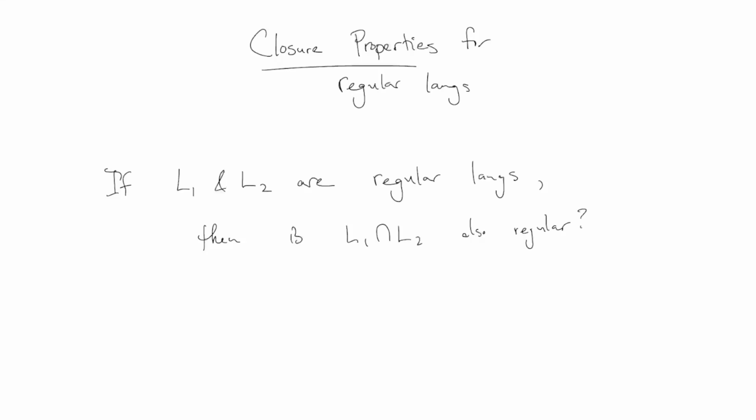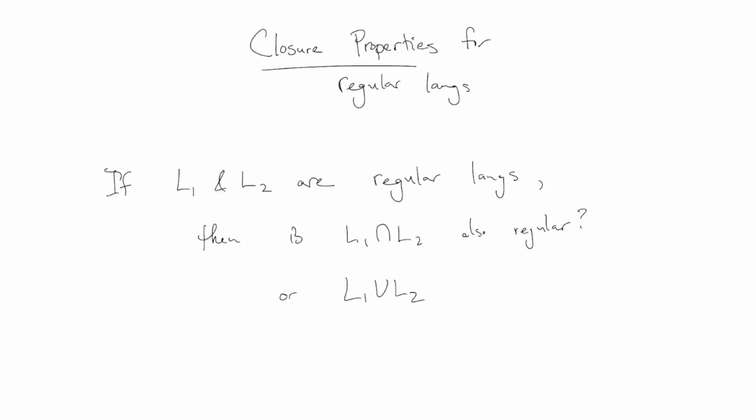Or you could ask about the union, L1 union L2. L1 and L2 are sets. That's what a language is. It's a set of strings which are accepted by the DFA. And since they're sets, you can try to mix and match them using your typical set theory operations.